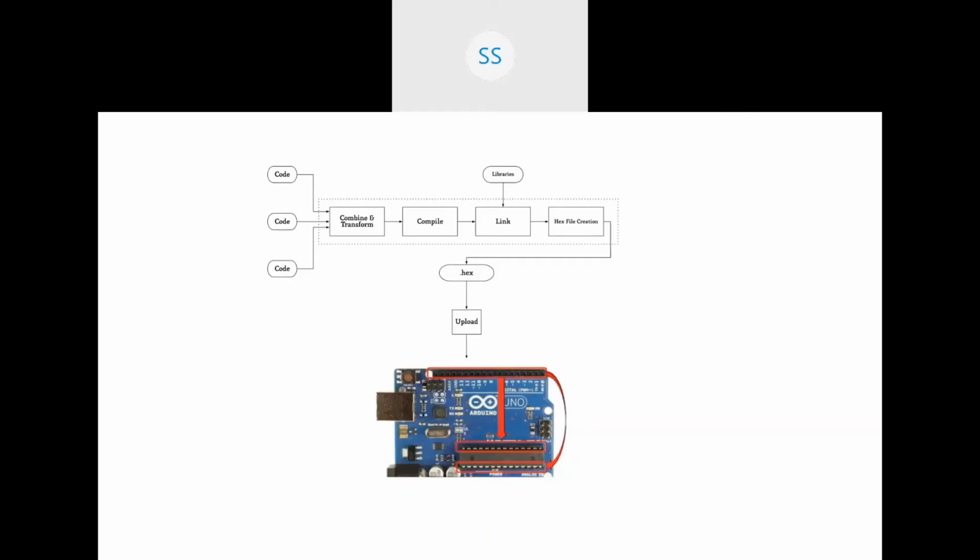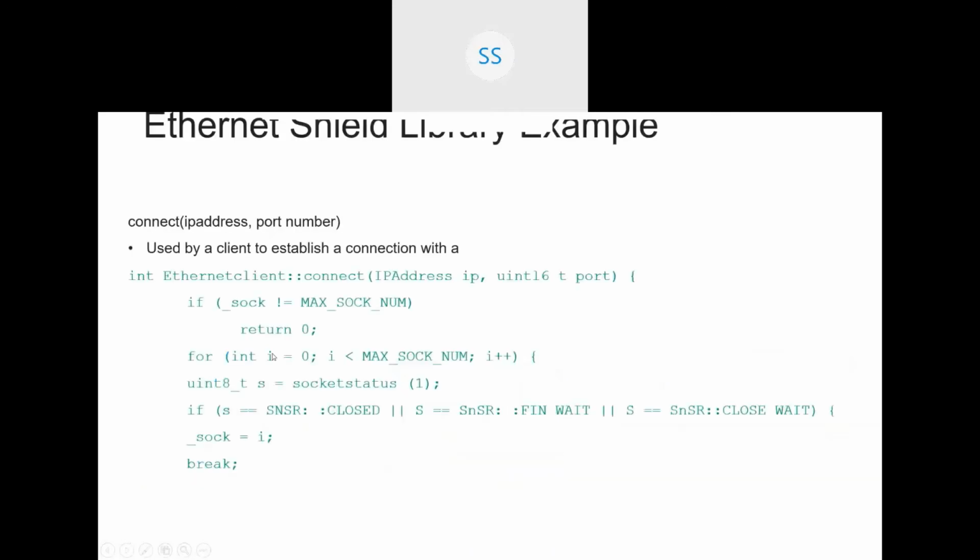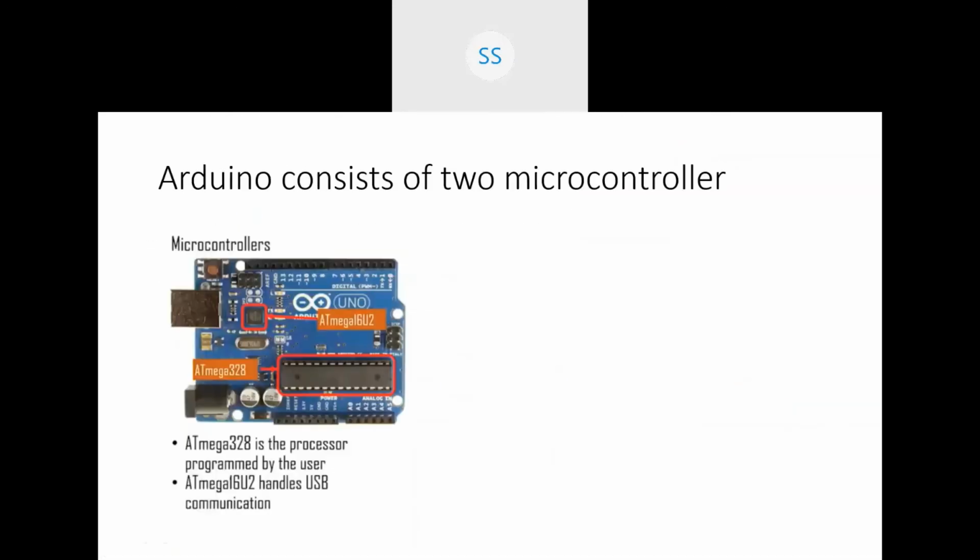Can you give me the answer? The entire code will be uploaded in which part? I told you that in Arduino there are two processors, right? One is Atmega 16U2, another is Atmega 328.